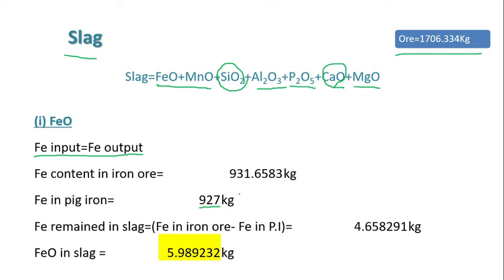So the Fe content in iron ore minus Fe in the pig iron gives rise to the Fe in the slag. As we know that slag is a molten oxide byproduct, the materials are in the form of oxides. FeO should be calculated, so we have to multiply by the factor FeO by Fe. So it will give rise to 5.989 in the slag.